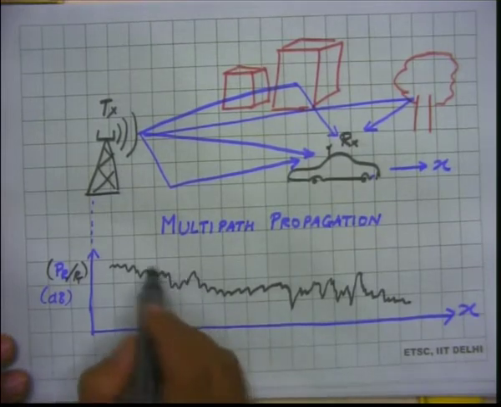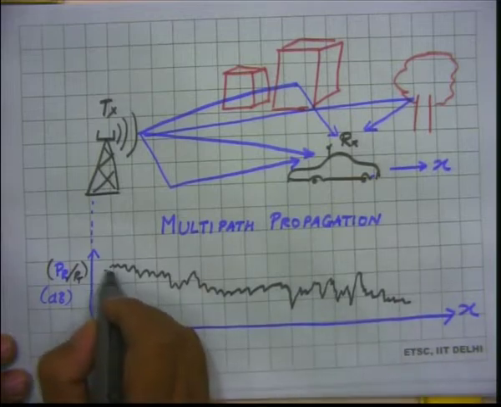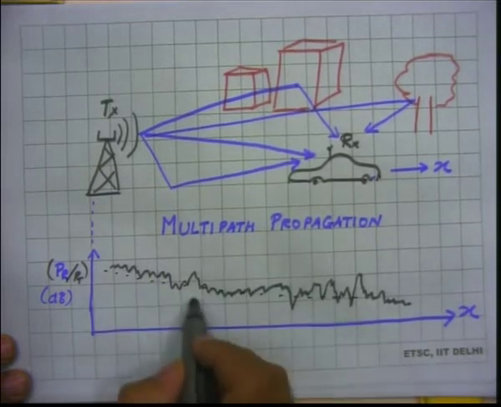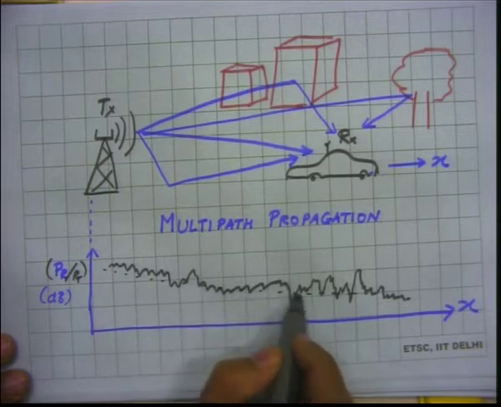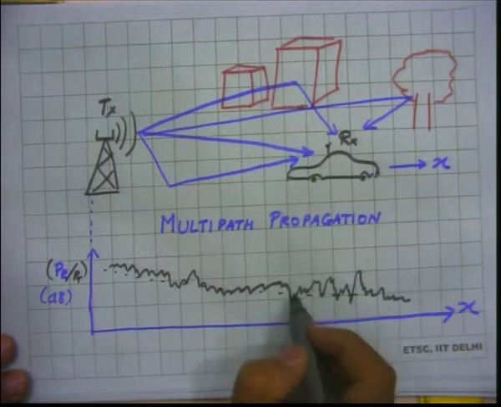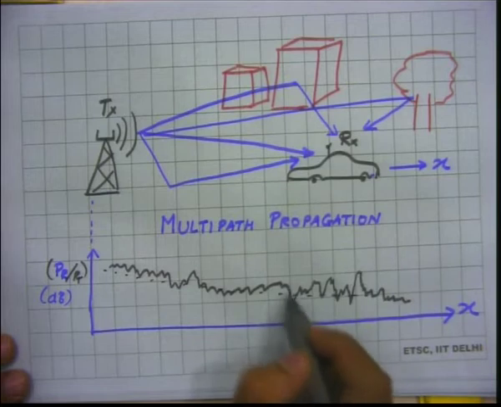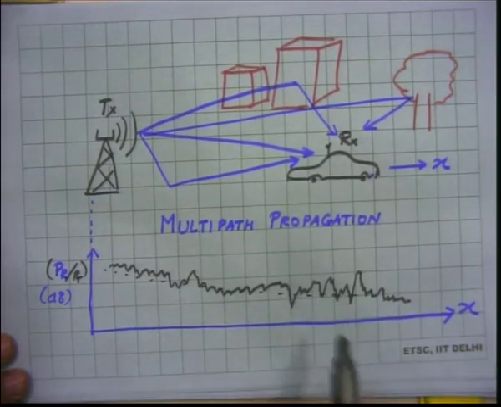So, you see that even though as you move away from the transmitter there appears to be a general downward trend, in the short term there are major fluctuations in the received signal, and this is because the signals received here add up destructively and the vector sum gives a very low value.